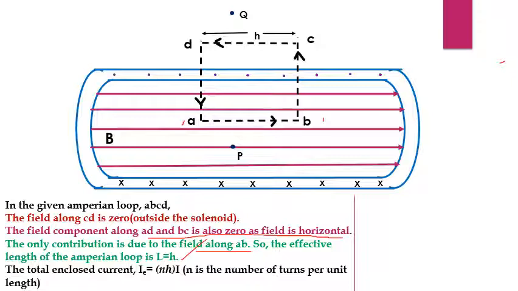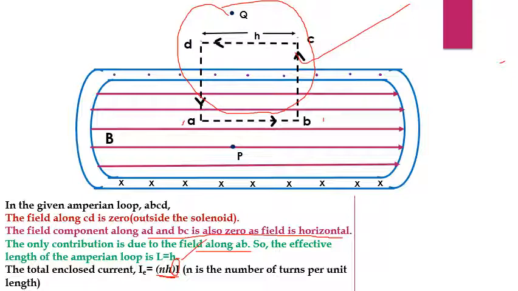The total current in the solenoid is I, but we are interested only in the current enclosed by our Amperian loop ABCD. That's why we have taken only the number of turns which are associated with this Amperian loop. We have not taken the total current all through the solenoid.